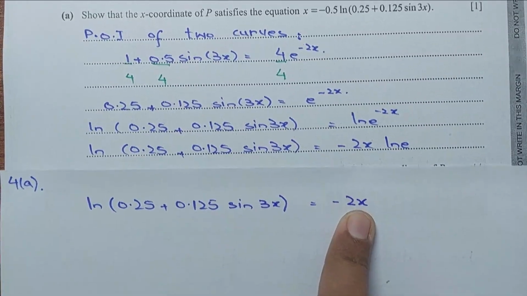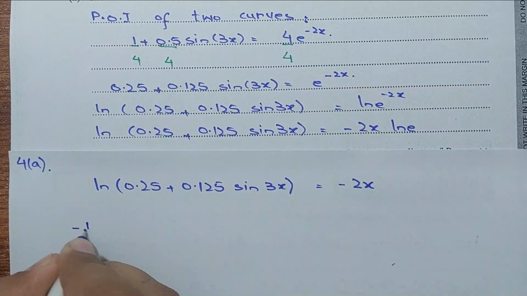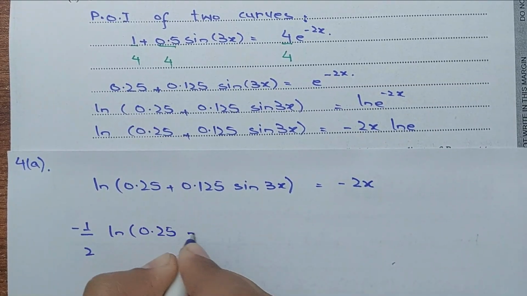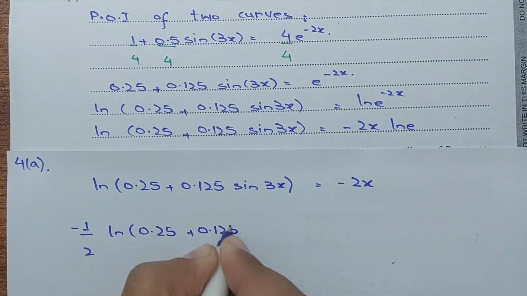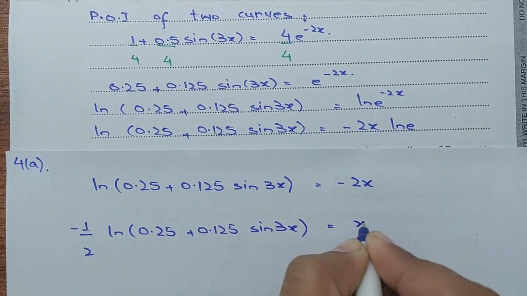To solve for x, we divide everything on the other side by minus 2. Minus 1 by 2 natural log of 0.25 plus 0.125 sine 3x is equal to x.